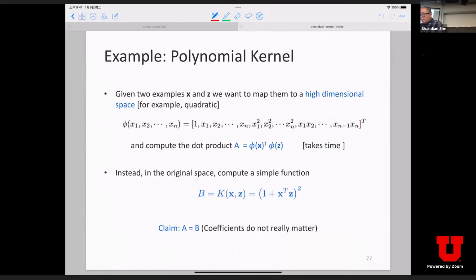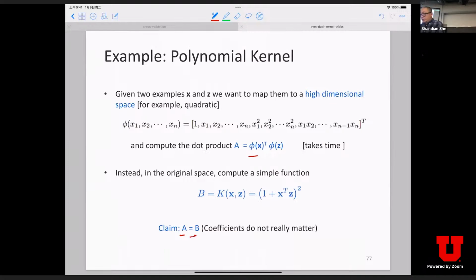And then we can conclude that the result of A is equivalent to the result of B. Remember, A is doing quadratic feature mapping over x and z separately, and then doing the dot product between the mapped feature vectors in a high dimensional space.